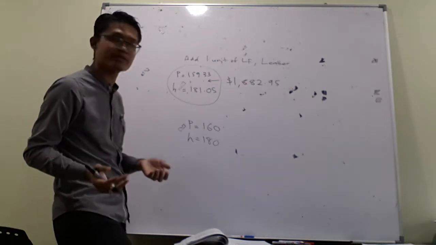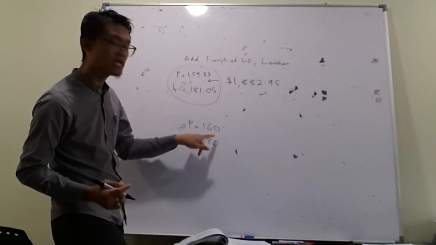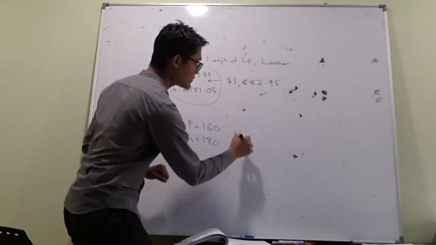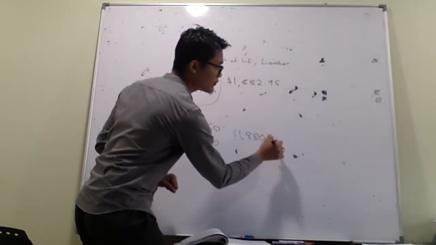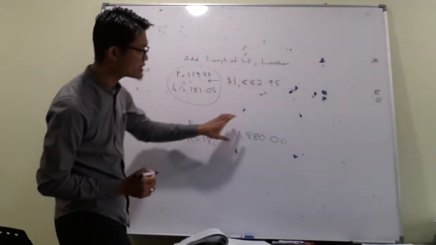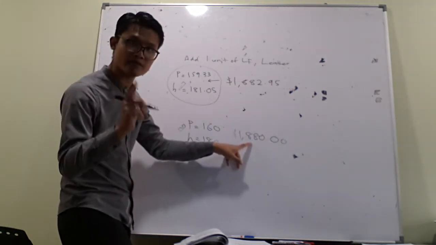Then how do we find the extra contribution? Previously, when we do 160p, 180h, our contribution in total is 1,880.00. Given this combination, this is the total contribution. How do we get the total contribution? Remember, using the objective function.